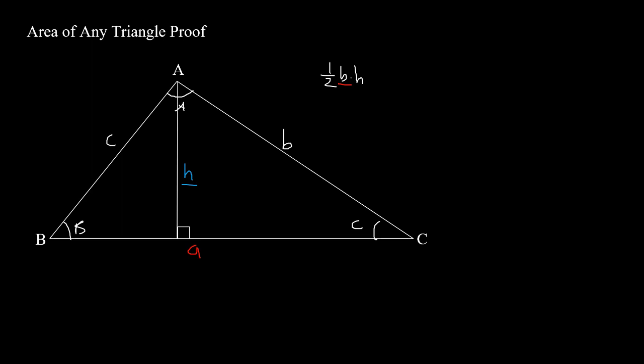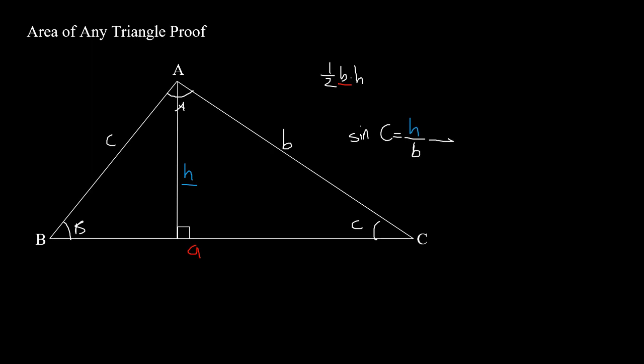So sine of C. Actually, let me do this in white. The sine of C is going to be equal to opposite over hypotenuse, which is equal to h over b.